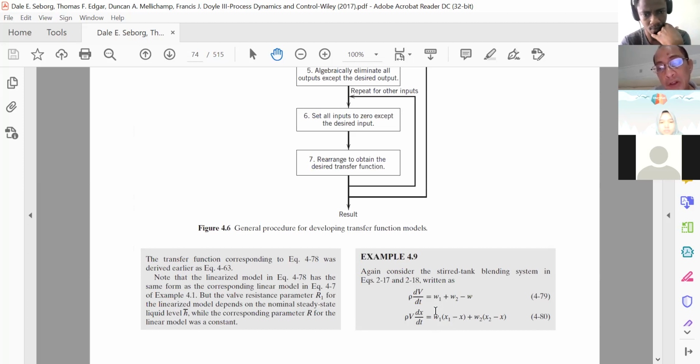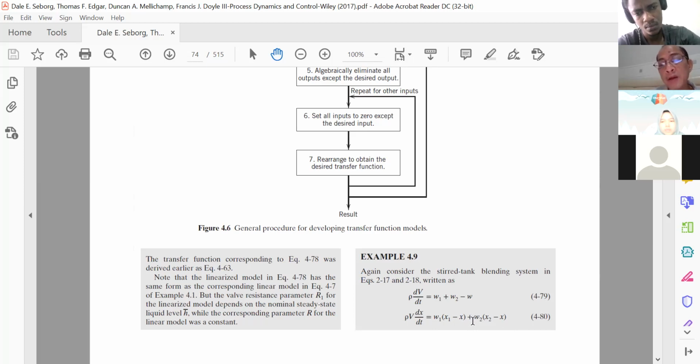So this is a non-linear function, because you multiply one variable with other variables. So that's what we call a non-linear function. Similarly you have plus W2 X2 minus W2 X. X is not constant and W2 is not a constant, so this is also a nonlinear function. So you have to linearize this.